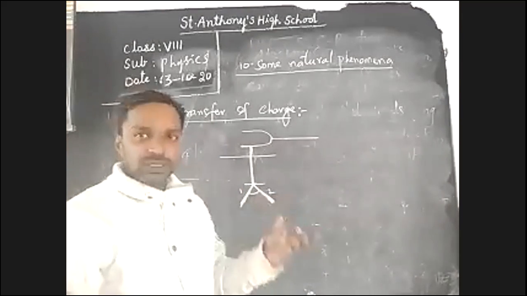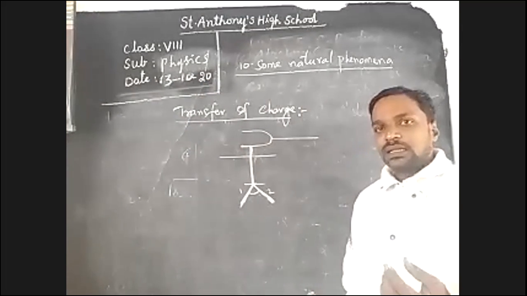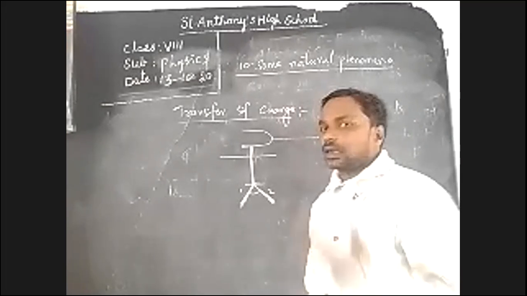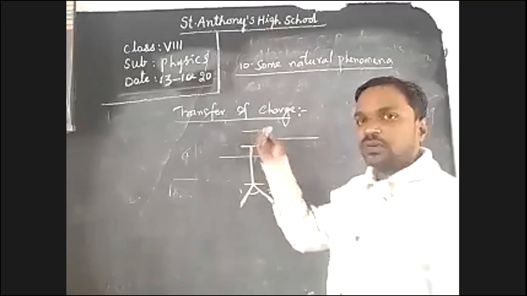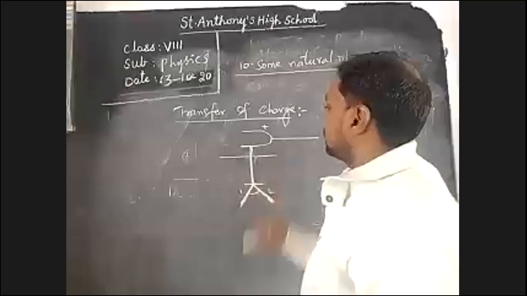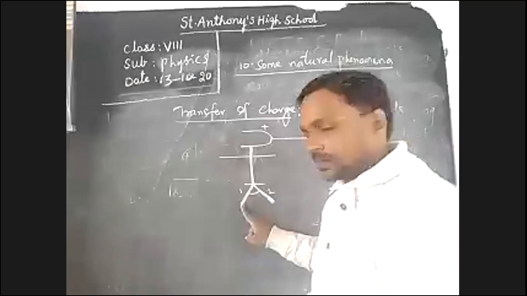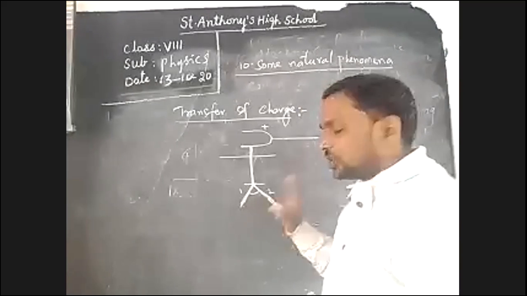As per the law of electricity, like charges repel each other and unlike charges attract each other. Suppose positive charge is here; the same positive charge comes here, and in this leaf also we have positive. What happens?